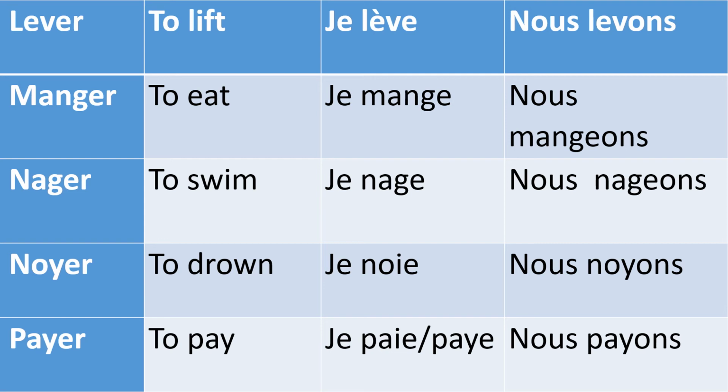So be careful, manger and nager have the same situation. Noyer, to drown, je noie, nous noyons. And payer, to pay, je paie, or je paye. And this one has two endings. Nous payons.